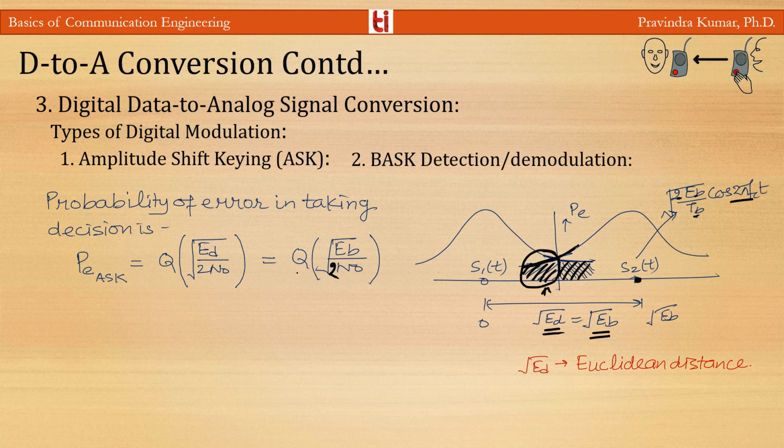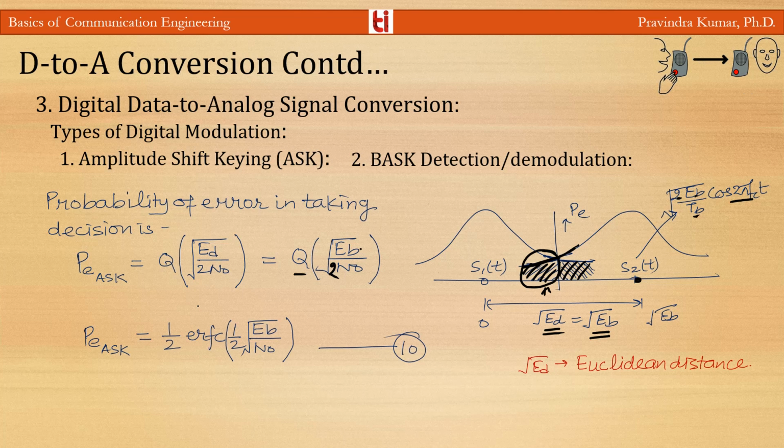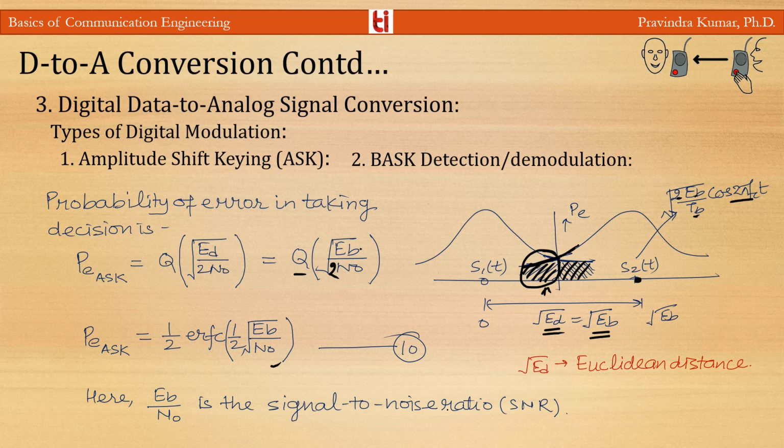So I can write the Q function of root EB by 2 N naught, and in the form of the complementary error function, 1 by 2 ERFC of 1 by 2 root EB by N naught, where EB by N naught is the signal to noise ratio, SNR, because Q(x) is 1 by 2 ERFC of x by root 2.